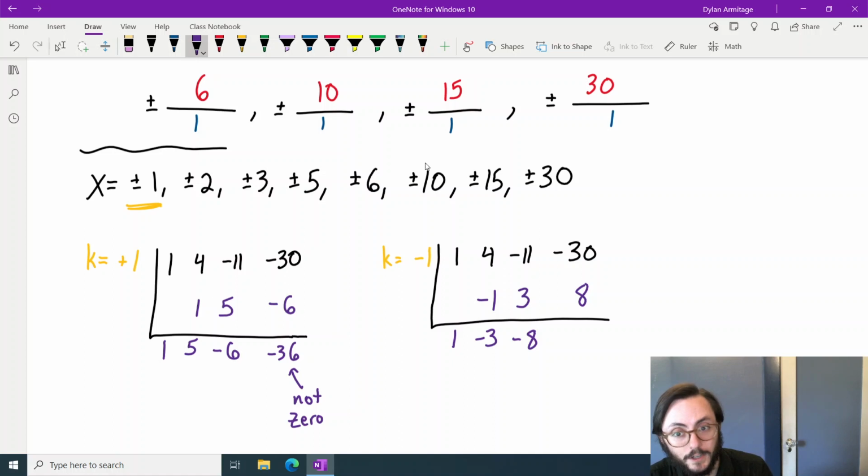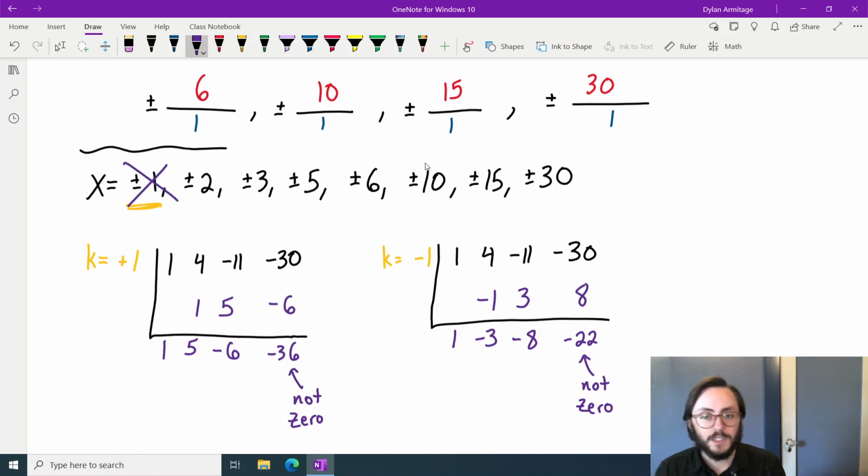And negative 30 plus a positive 8 is negative 22, which is also not 0. So plus and minus 1, nope, doesn't work. We can cross that one off our list and go on to the next one.